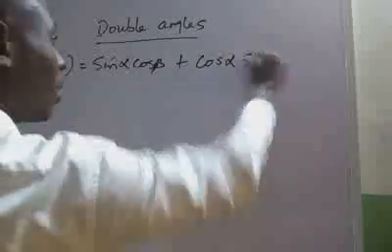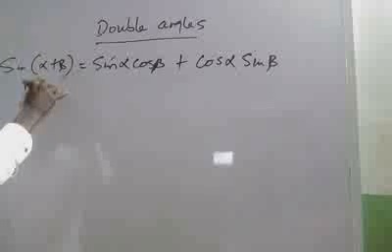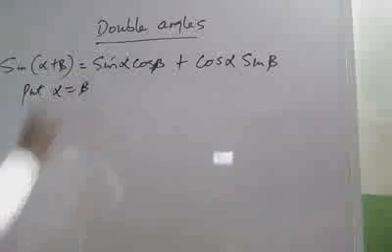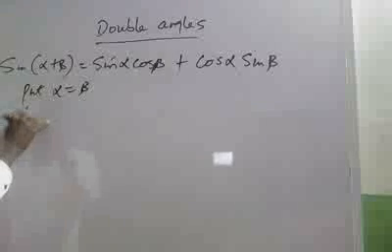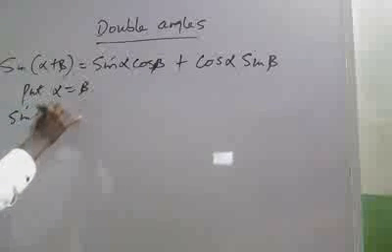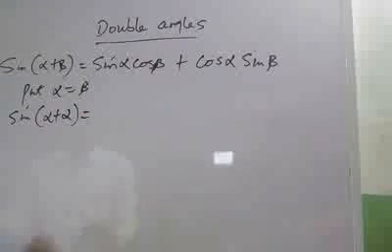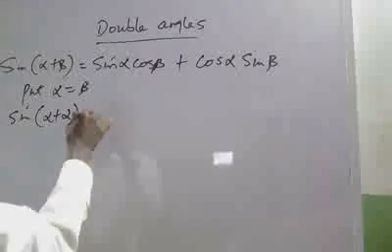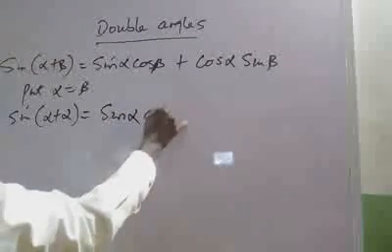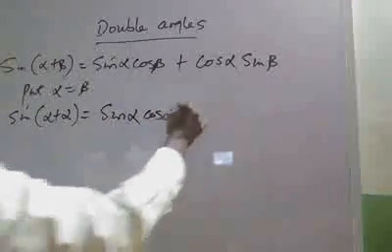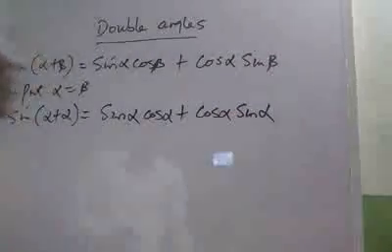So if I put alpha equal to beta, then I will have sine alpha plus alpha, which is equal to sine alpha cos alpha plus cos alpha sine alpha.